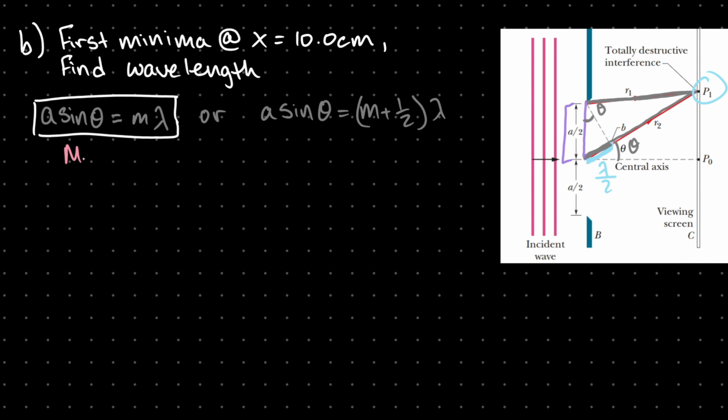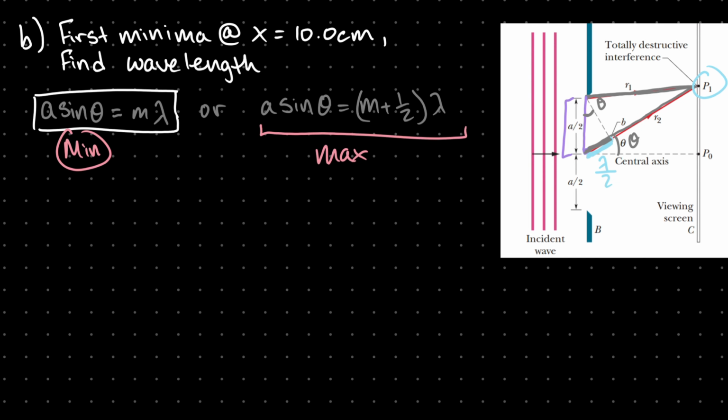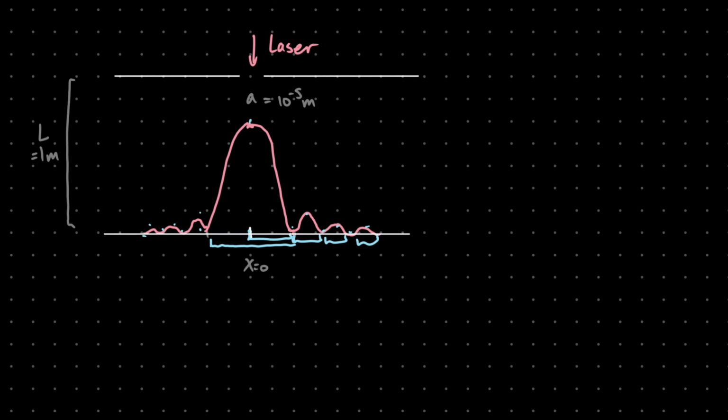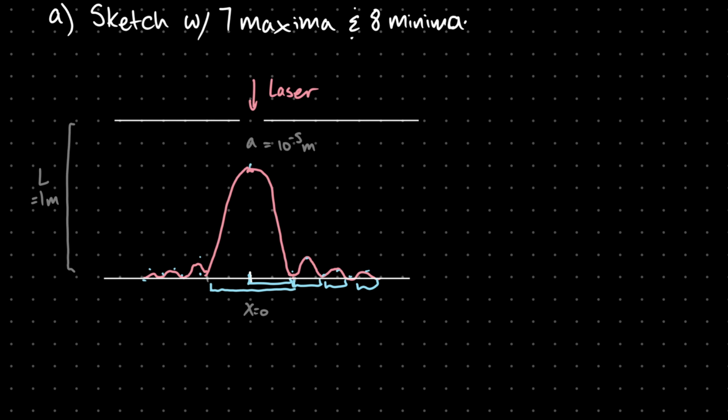What we also know is that this other equation right here is going to get us the maximums, so the bright spots, basically. But since we're only looking at minima, we are going to be using this equation right here. We know that the distance between the screen and the slit is 1 meter, whereas the distance here to the first minima is only x equals 10 centimeters.